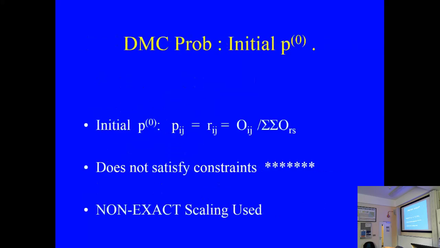Again, it's best to standardize the observed frequencies to relative frequencies. The initial P0 I took to be the relative frequencies, which does not satisfy the constraints. This is one of my earliest attempts with this problem, when I hadn't discovered the exact scaling of the formula.